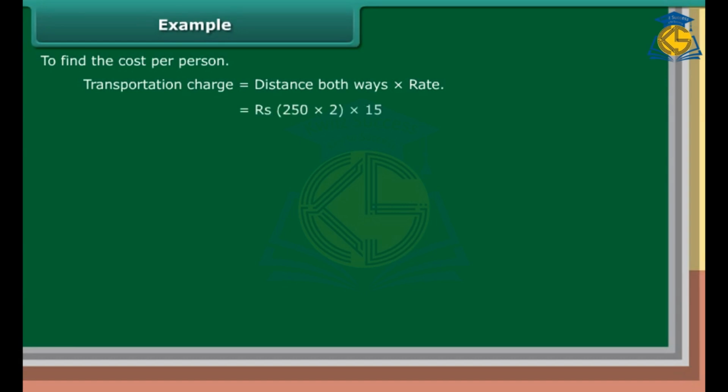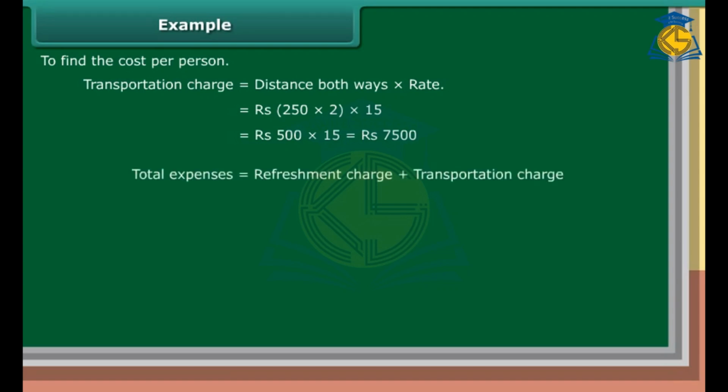To find the cost per person, transportation charge is equal to distance both ways into rate, which is equal to 250 into 2 into 15, which equals 500 into 15, which is equal to ₹7,500. Total expenses is equal to refreshment charge plus transportation charge, which is equal to ₹4,500 plus ₹7,500, which is equal to ₹12,000.